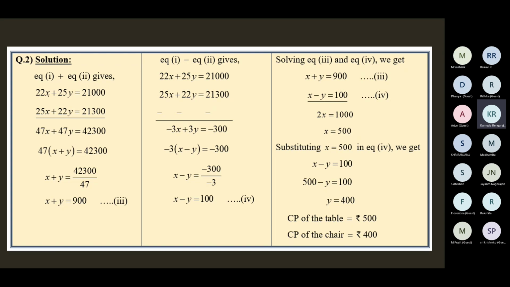Okay, so add the two equations. So 22x plus 25. See, adding doesn't mean literal addition. Adding means we don't change the signs. That's all it means. Adding the two equations means don't change the signs. Subtracting means change the signs. After you do that, you should do whatever the signs say.